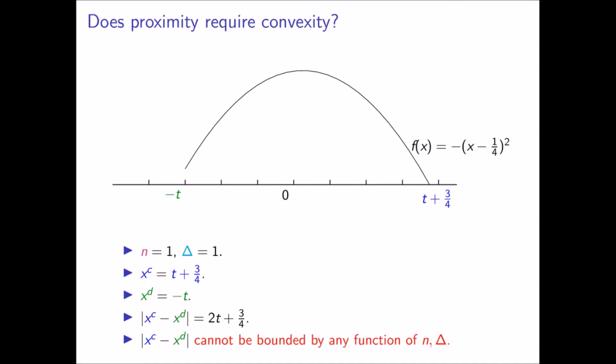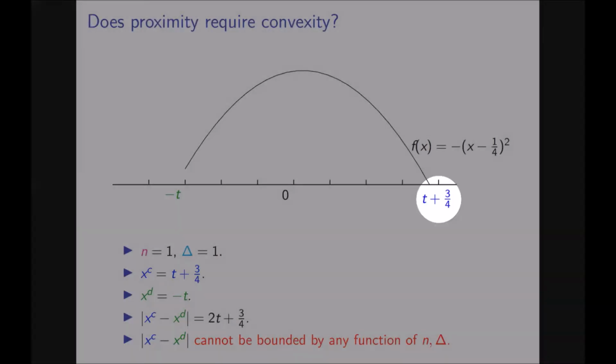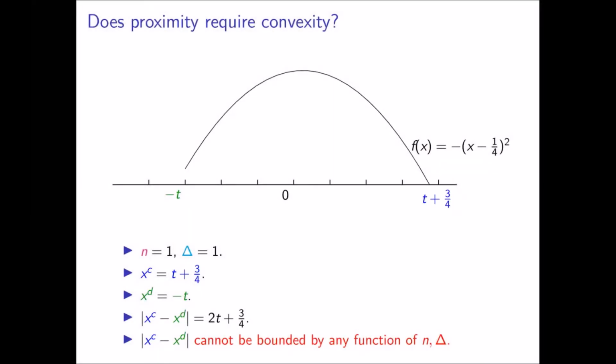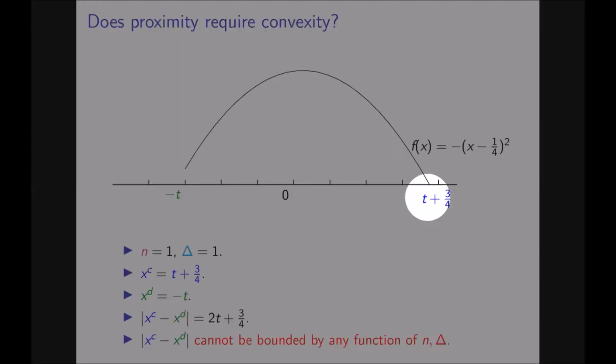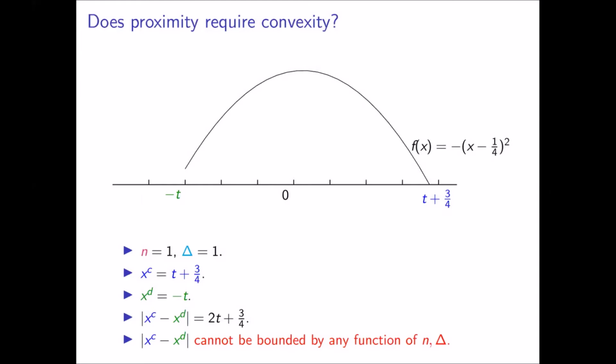So clearly, the unique optimal solution to the continuous problem is xc, which is t plus 3/4. And the unique optimal solution to the discrete problem is xd equal to minus t. Now you can see that the distance between xc and xd is 2t plus 3/4, and this distance goes to infinity as t approaches infinity.